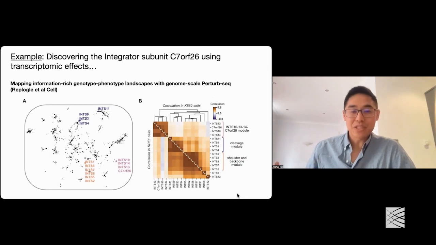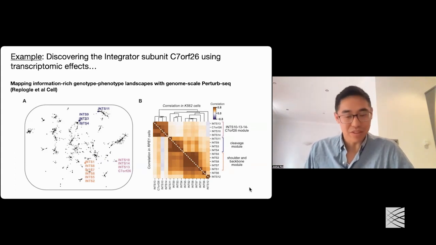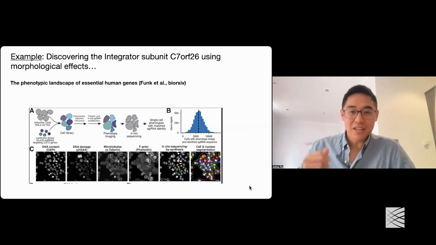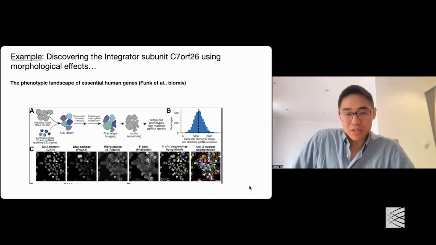So this is a very interesting parallel, right? And there's no question here, it's just a discussion point. What happens when we start doing many different kinds of these screens? I think methods to analyze and think about multimodal data might become very important. And finally, just to point out the optical screen as well.